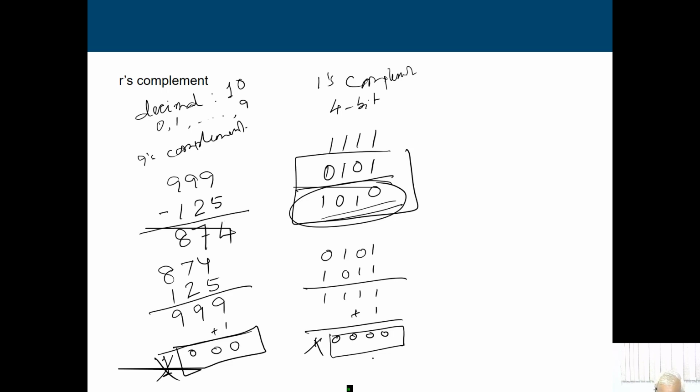So you just see that we are getting 0 after adding these two numbers, but along with that I have to add 1 more. Since the result is 0, we can use the concept that then one can be treated as a negation of the other. That means if you say that this is your 125, then 874 may be equivalent to your minus 125.